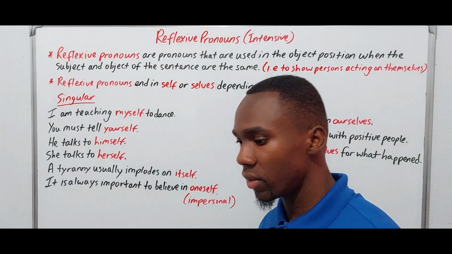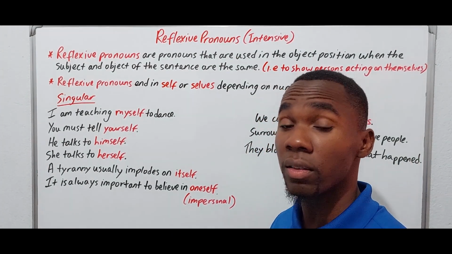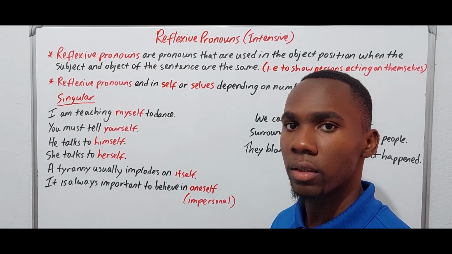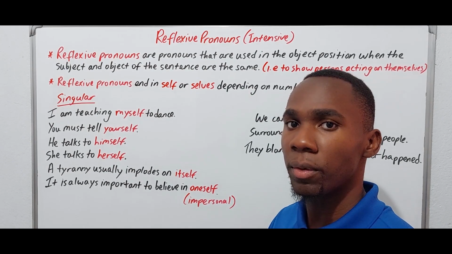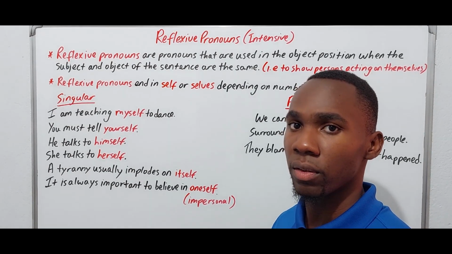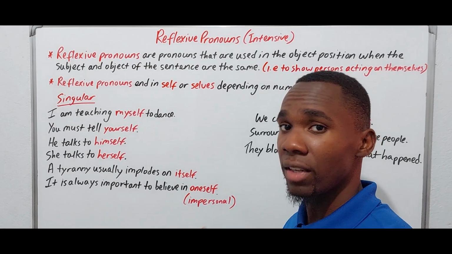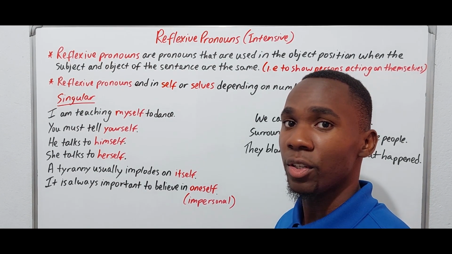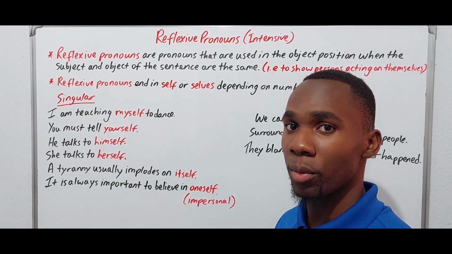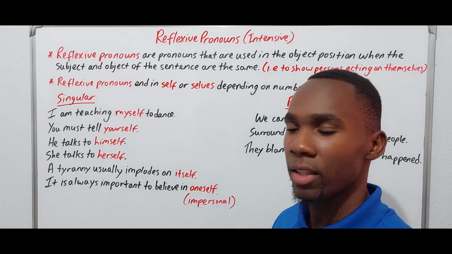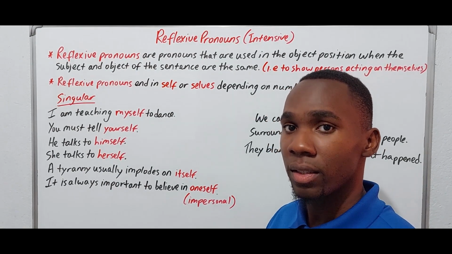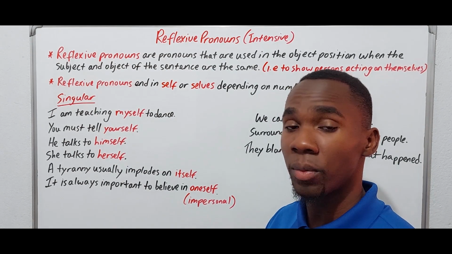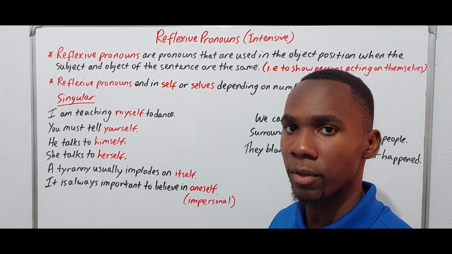Now, usually the subject and the object in a sentence are different, right? The person who's performing the action is going to be different from the person who is receiving the action, right? But with reflexive pronouns, you have the subject and the object being the same. Therefore, it's very important that the subject and object agree, right?